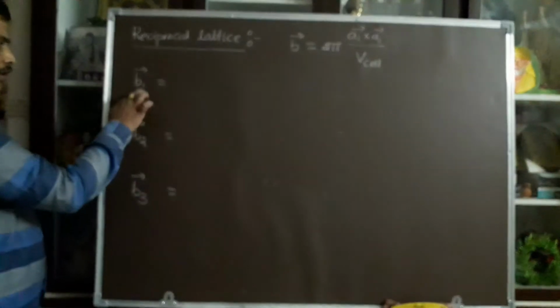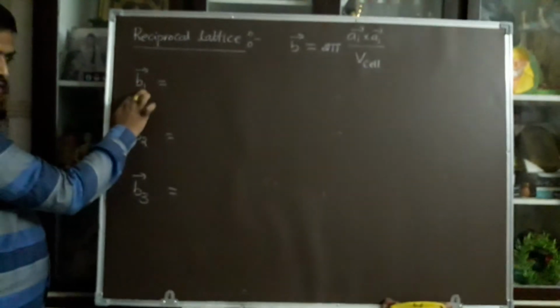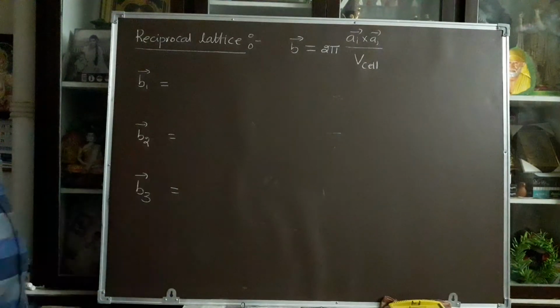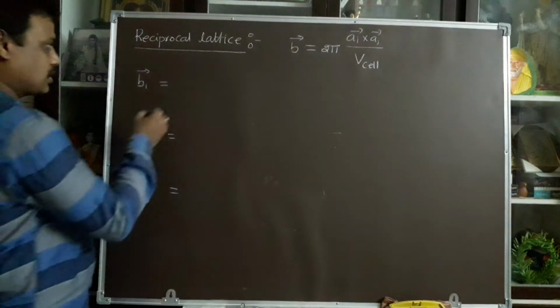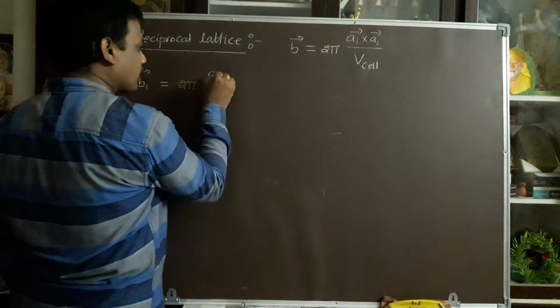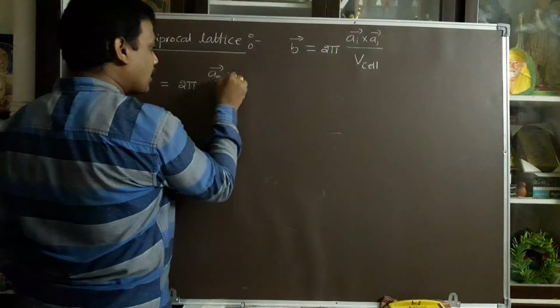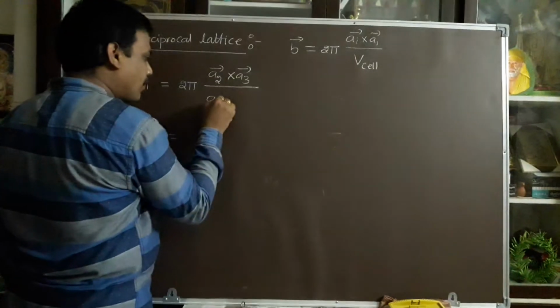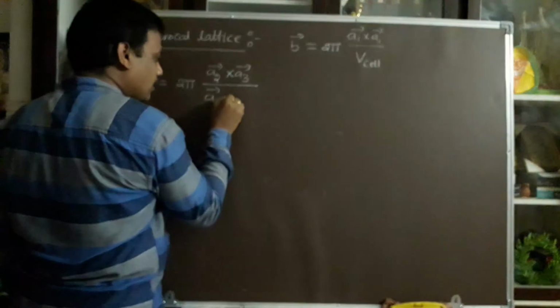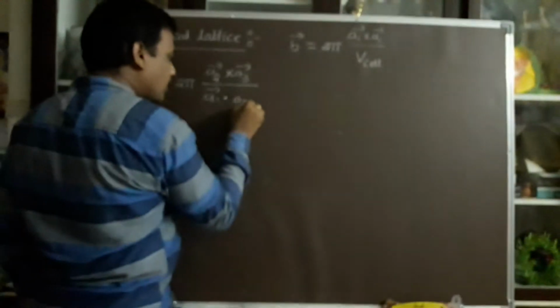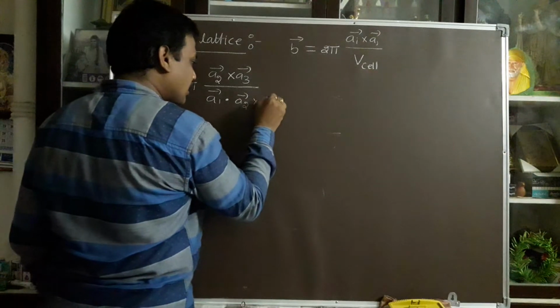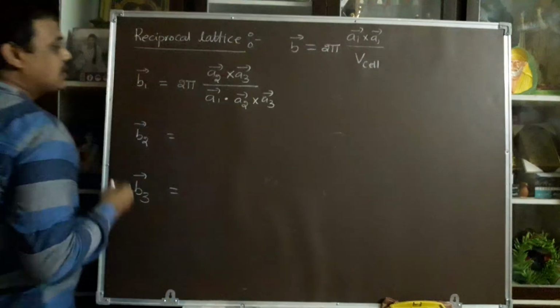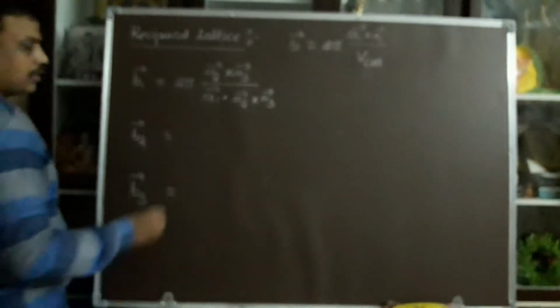The primitive vectors are along the x direction, y direction and z direction. How are they written? B1 can be written as 2 pi into A2 bar cross A3 bar divided by the volume, A1 bar dot A2 bar cross A3 bar. This is the B1 primitive vector.